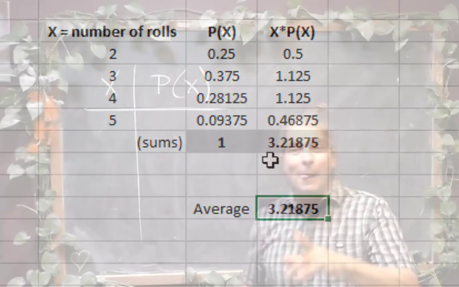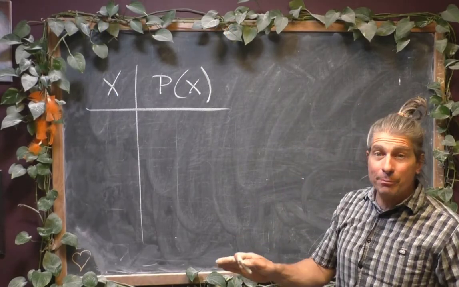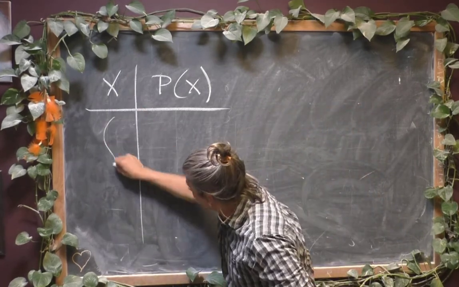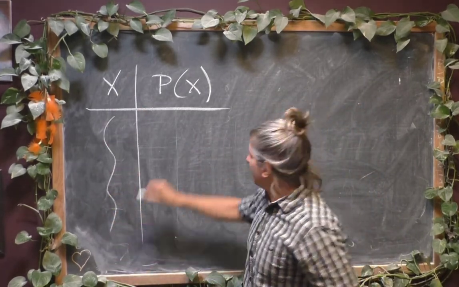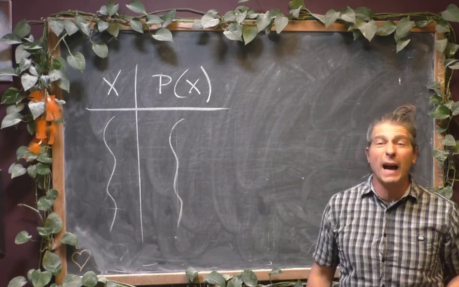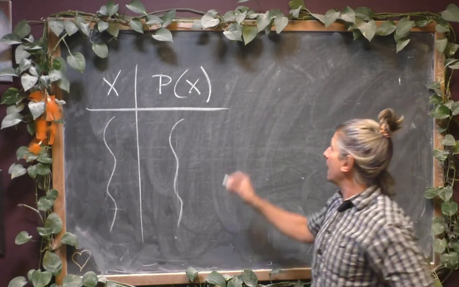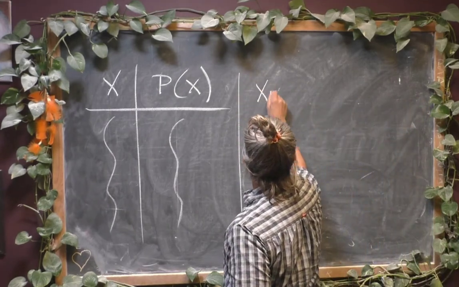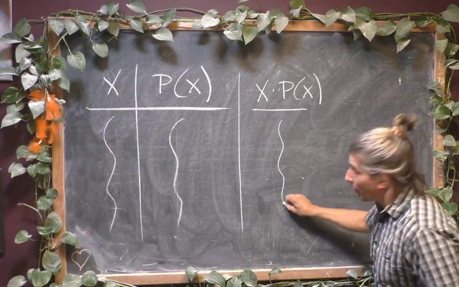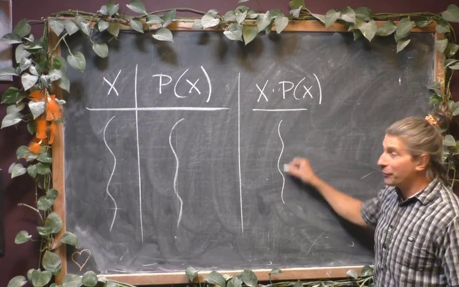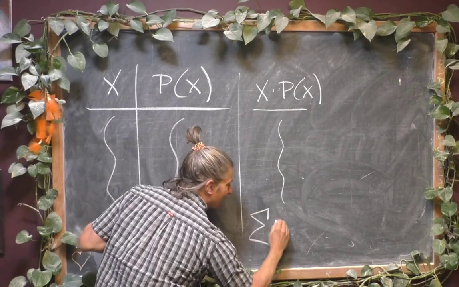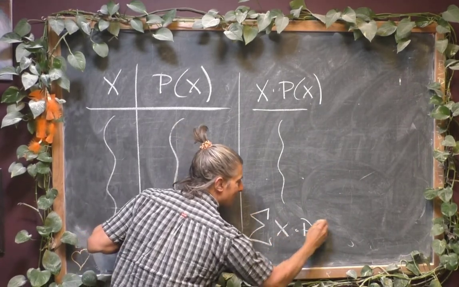Which means that if you have any distribution in tabular form, where you've got all the values of the variable in x and all of the corresponding probabilities in the p of x column, all you've got to do is create one more column, which is the data times its probabilities. Figure out what all those are. Once you've figured out what all these are, you just have to add up all the data times the probability.